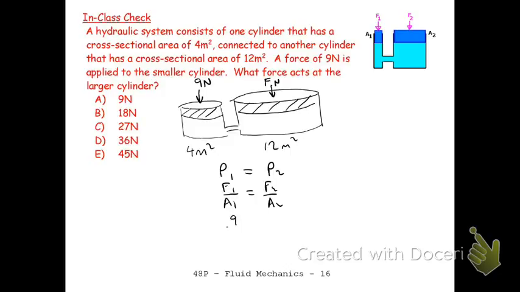So 9 over 4 is equal to F over 12. So F is equal to 9 times 12 over 4, which equals 27 newtons. It's a 3-to-1 ratio because the area is of a 3-to-1 ratio.